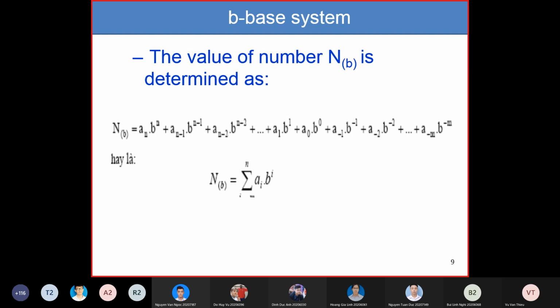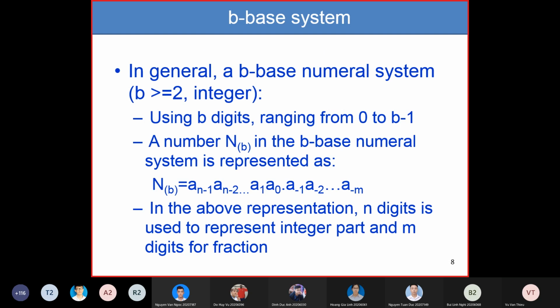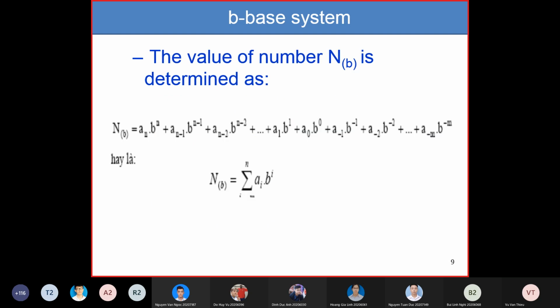In the decimal system, the base equals 10. We have 2 examples already, and in general, we use the base b here. We use the same formula to determine the value of a number in the base-b system: the same way to index, and the same formula to determine the value.